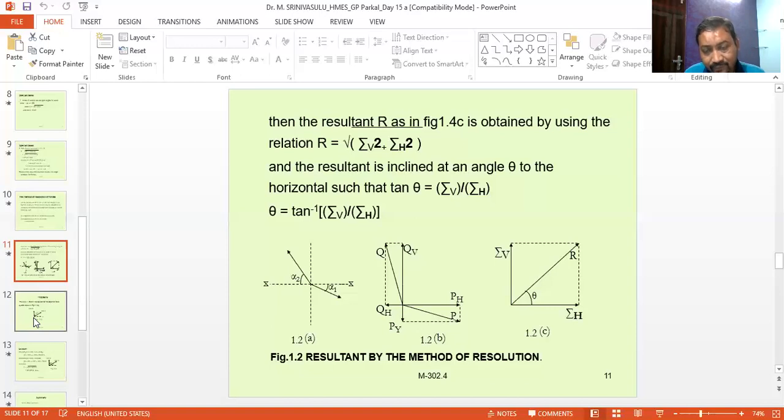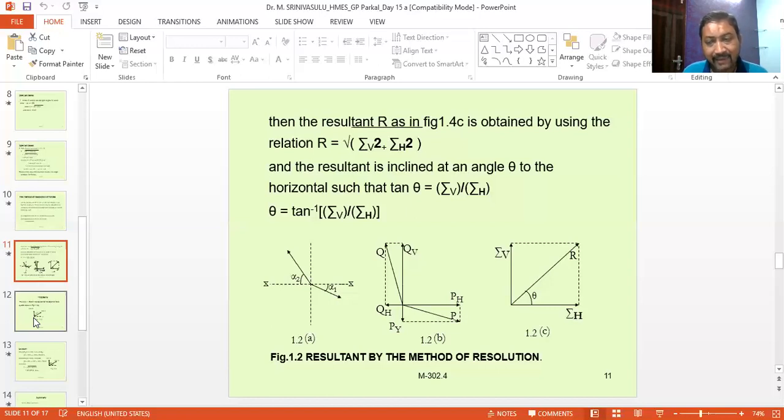Sigma v is the algebraic sum of the vertical components of all the forces, and sigma h is the algebraic sum of the horizontal components of all the forces. So tan theta becomes sigma v by sigma h, and based on the signs of sigma v and sigma h, we have to decide the quadrant in which the resultant is acting.